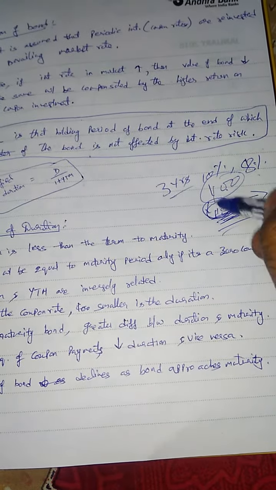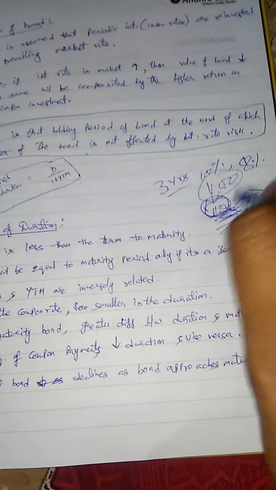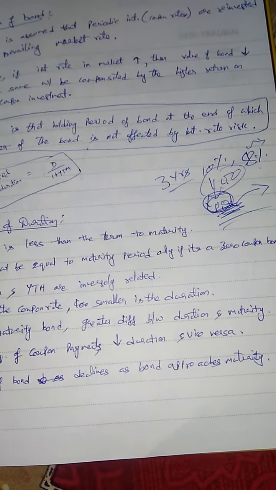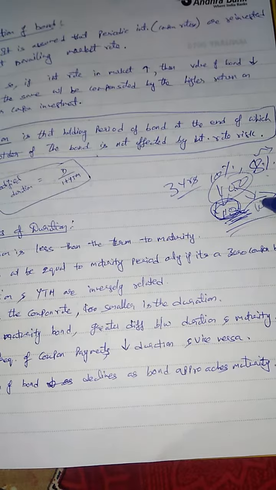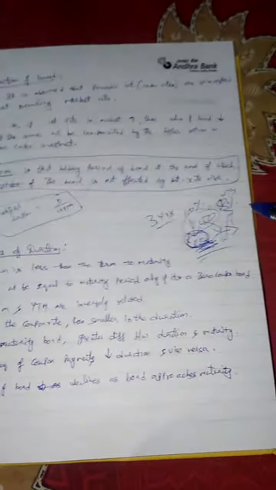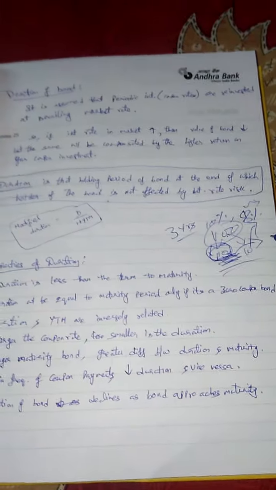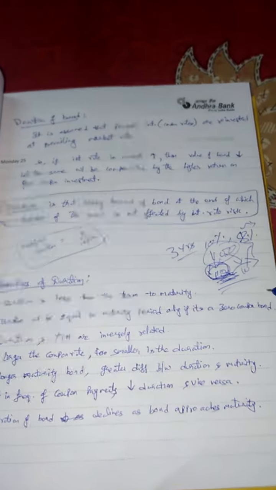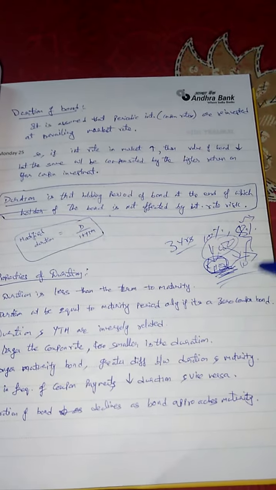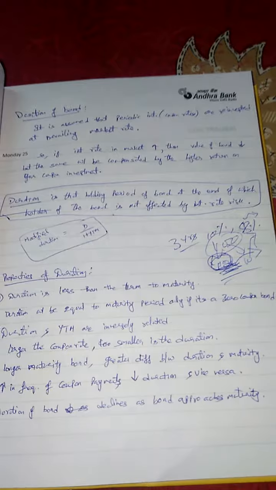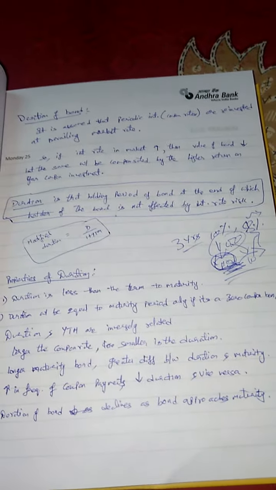As soon as I am getting 10 in the first year, I am investing this 10 in the market at market rate 8%. Second year I am getting another 10, I am investing this. So in bond theory, we assume that the coupon which we are receiving will be invested at the market rate immediately.